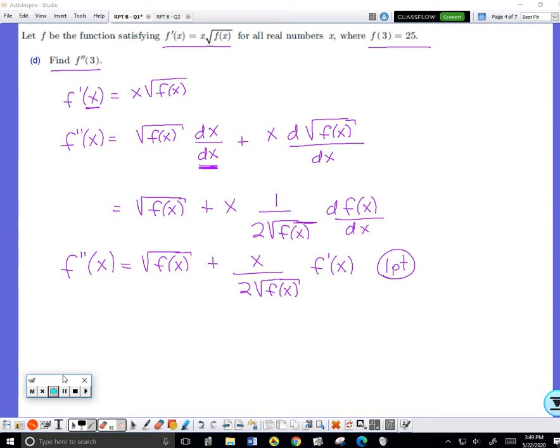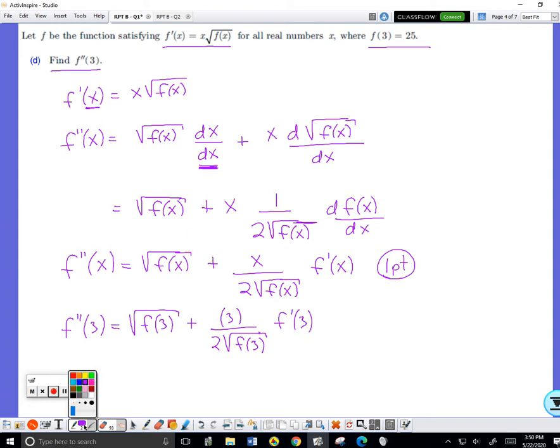So anyway, now I'm supposed to find f double prime of 3. So f double prime of 3 is going to equal square root f of 3 plus 3 divided by 2 square root f of 3 and then f prime of 3.